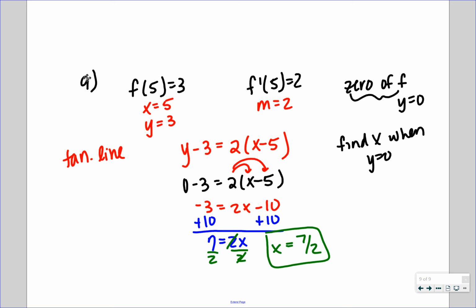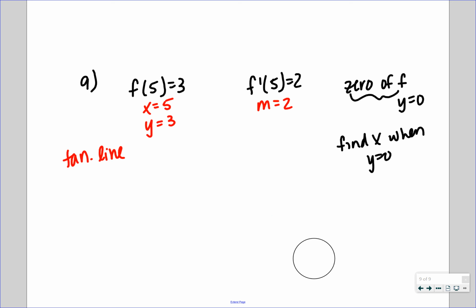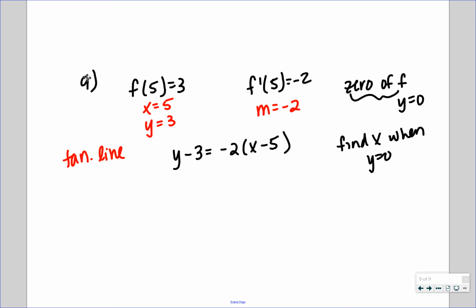So I'm about to erase this whole thing. At least I caught it. Same exact process, different number. So my tangent line approximation is going to be y minus 3 equals m, negative 2, times x minus 5. Distribute, y minus 3 equals negative 2x plus 10.